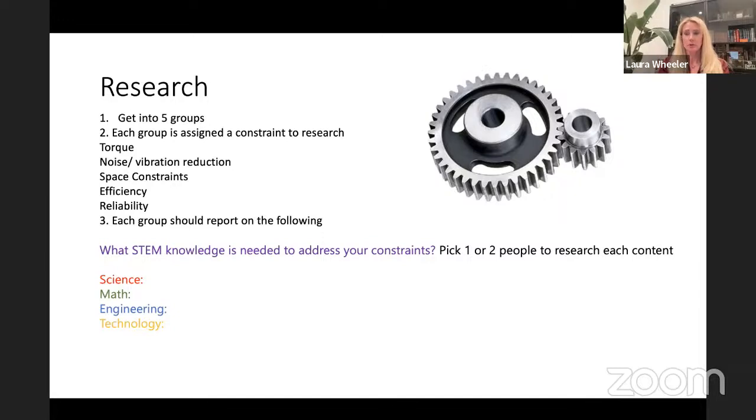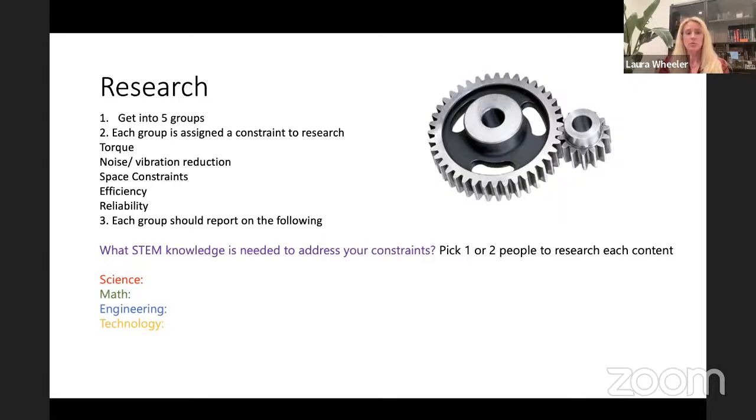The second group will consider existing design solutions, or how have they decreased noise or vibration in spur gears. The next group will look at the space constraints. What do the sizes need to be and be able to still have enough power? And what is that ratio of the gears that exist?